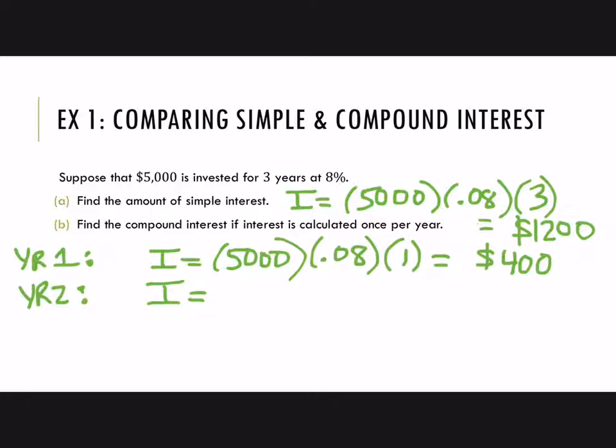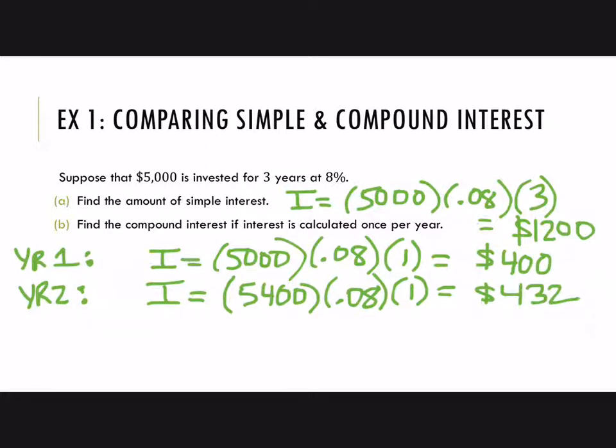So the new principal is not $5,000 anymore, it's $5,000 plus the $400, $5,400. The rate stays the same, and so does the time period because we're only looking at the second year now. And that gives $432 worth of interest. It should be a little bit more because you're earning interest on a little bit higher amount.